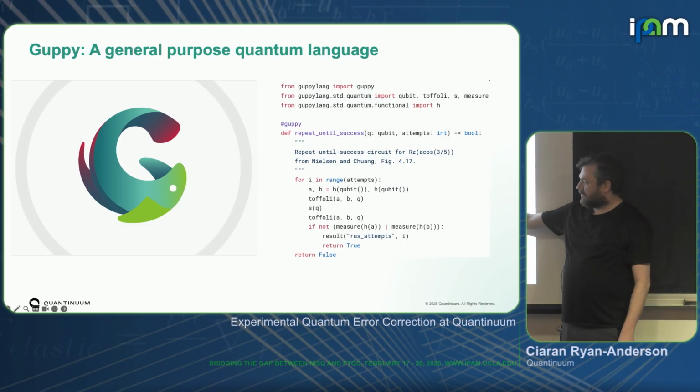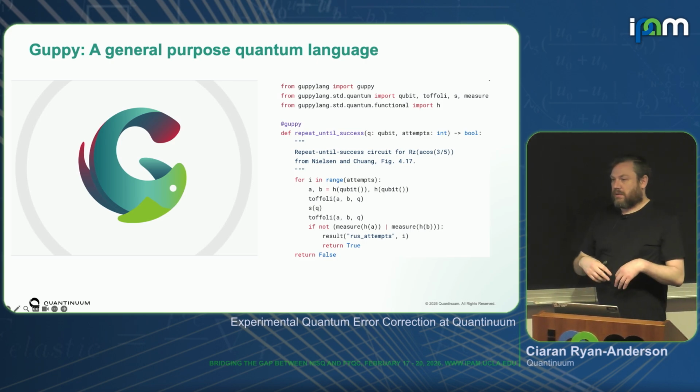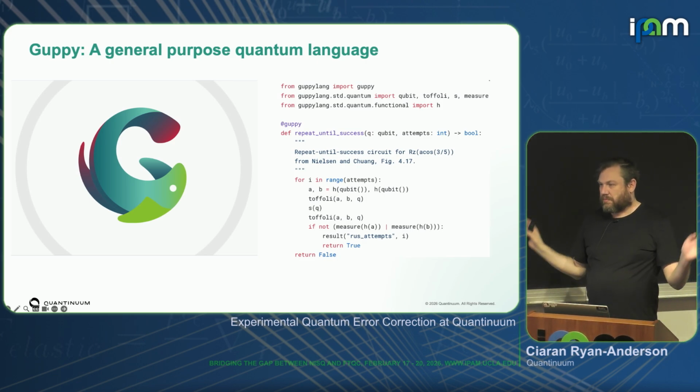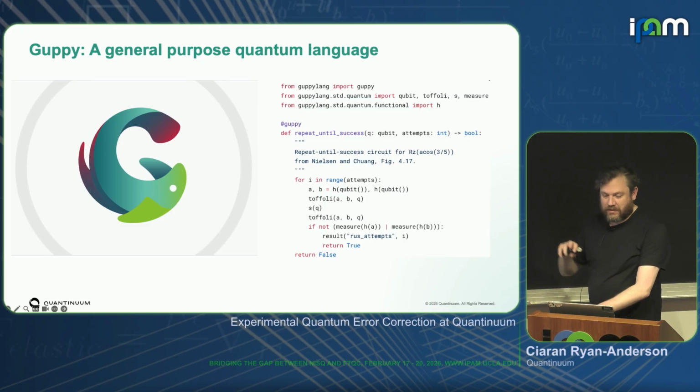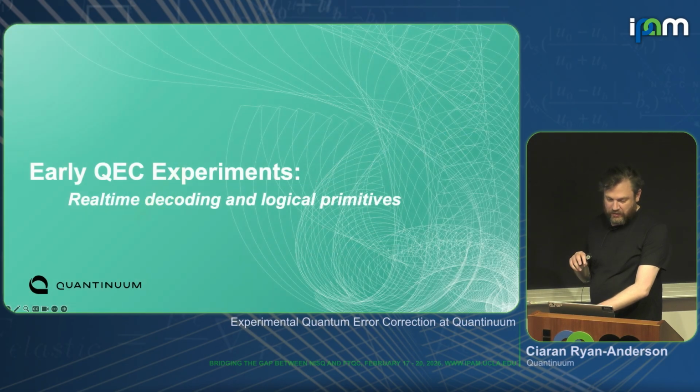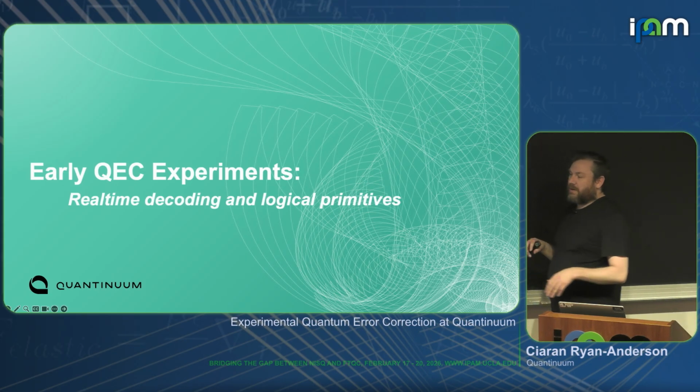It actually prints out statements to the user. So in general, you can write all sorts of crazy programs if you want, and we're no longer stuck with static classical quantum circuits.